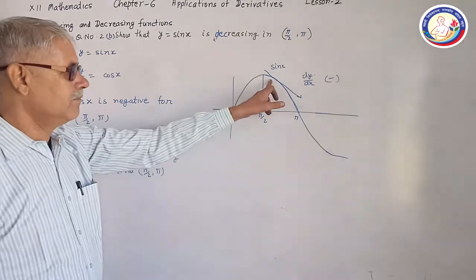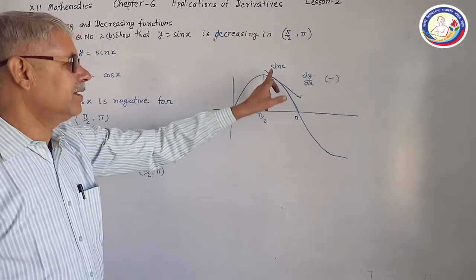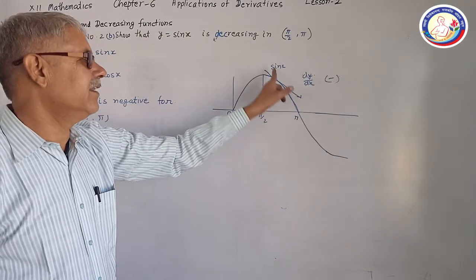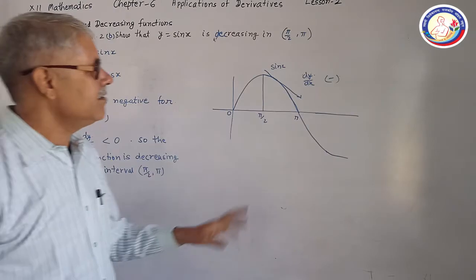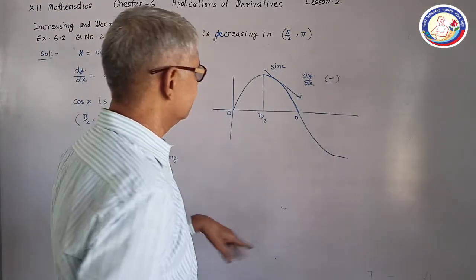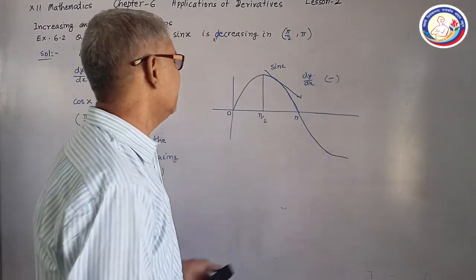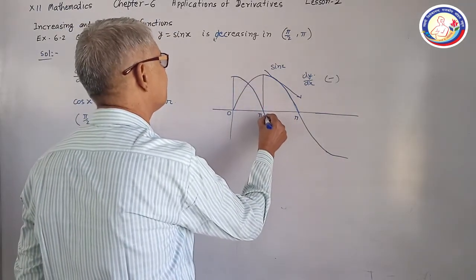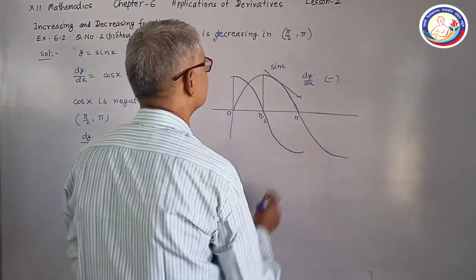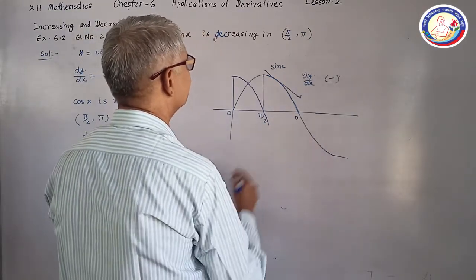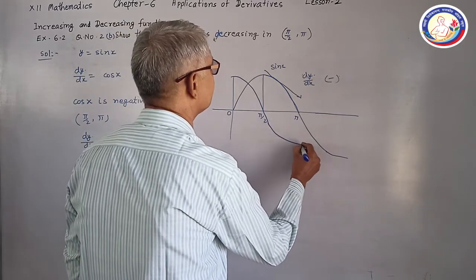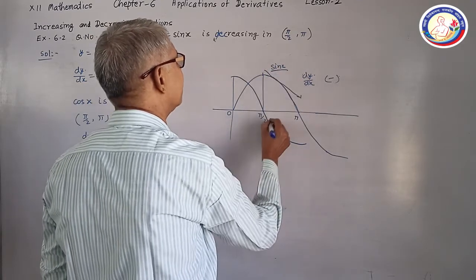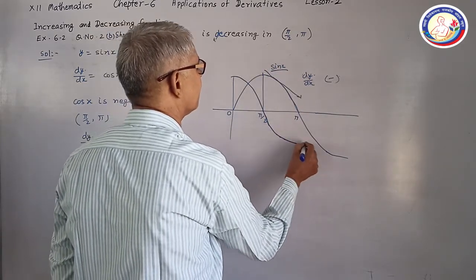So we can inspect the graph of sin x and have an initial idea that the function will be decreasing. Then the derivative is cos x, and the values of cos x are different here. The cos x graph will be like this. We can see easily that this is the graph for sin x, and this is the graph for cos x.